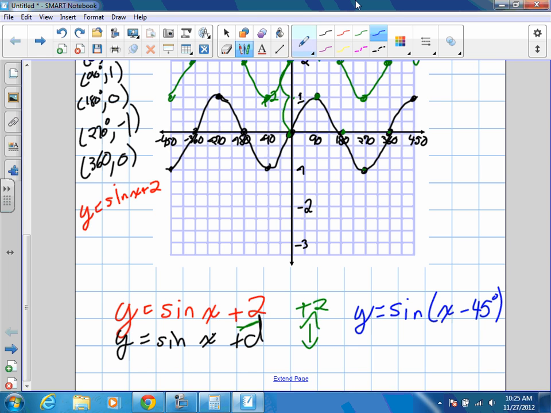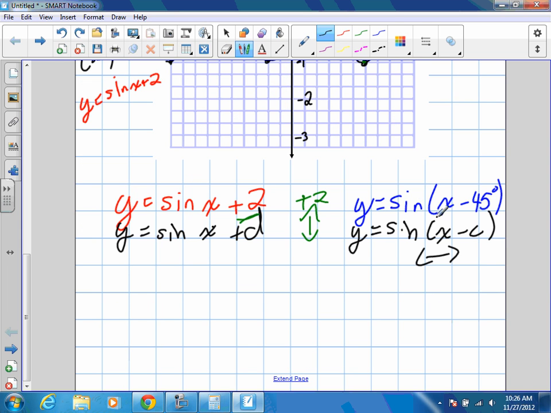What letter does that negative 45 stand for? C, right? We had sine x minus c. We're dealing with horizontal. Since it's negative 45 degrees, what direction and how far are we going? Horizontal 45 degrees. Horizontal which way? To the right. Okay. We're going in a positive direction, 45 degrees.